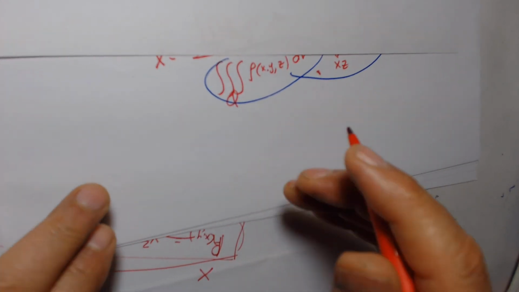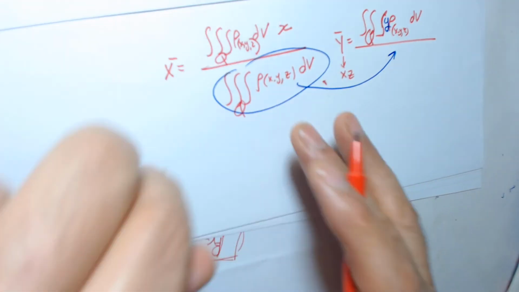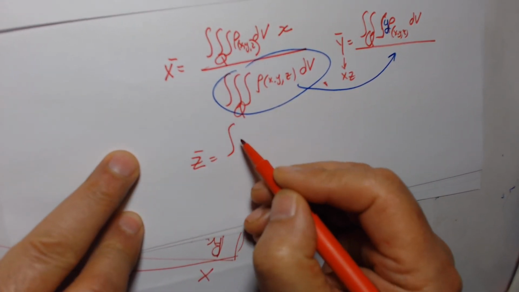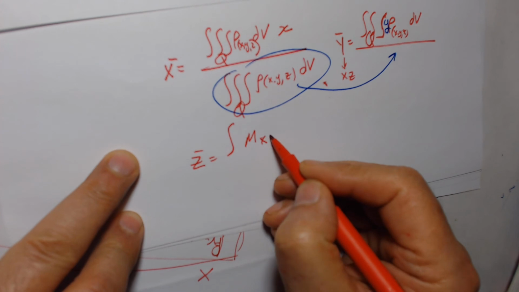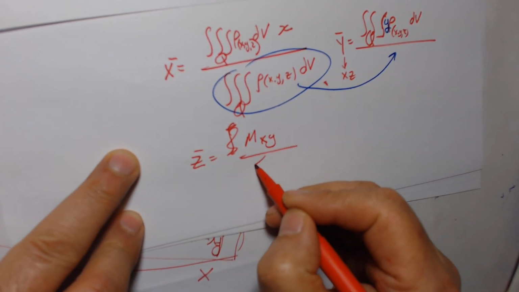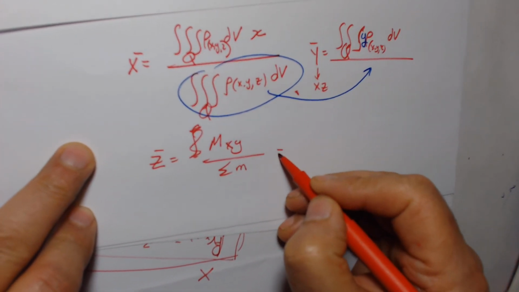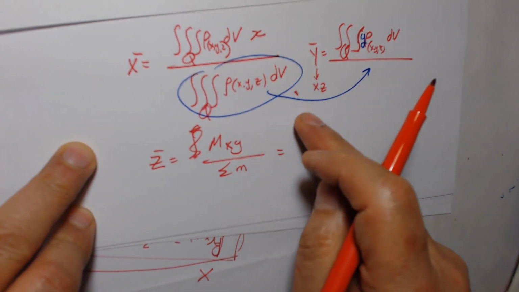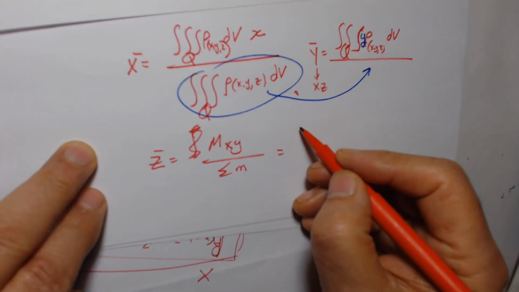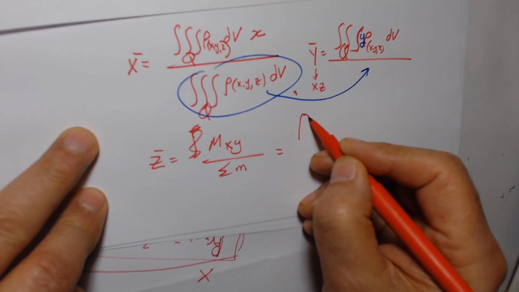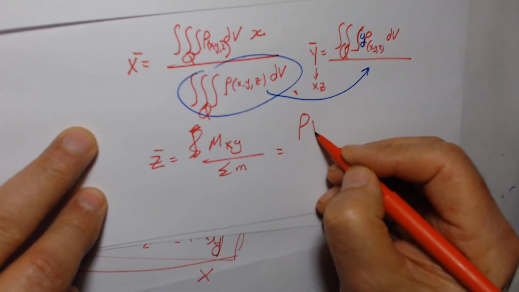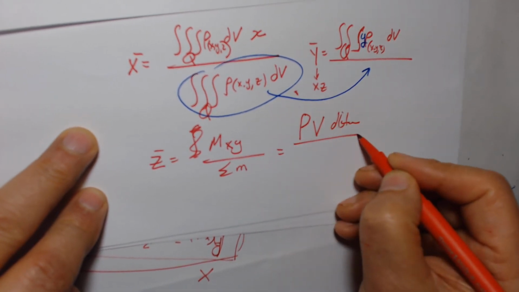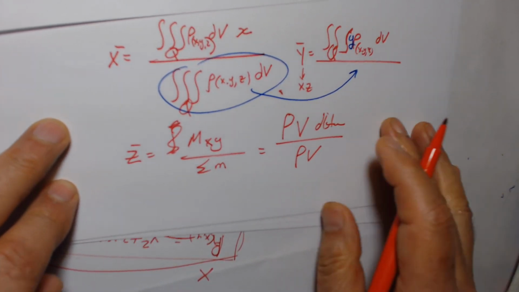Somebody asks, what is the z bar? The z bar is going to become the moment about the x and y over the sum of the masses. But what is the moment about the x and y? If this is x, this is y, the z is going to be your distance. Therefore, your moment is density times volume times distance, over rho times the volume.